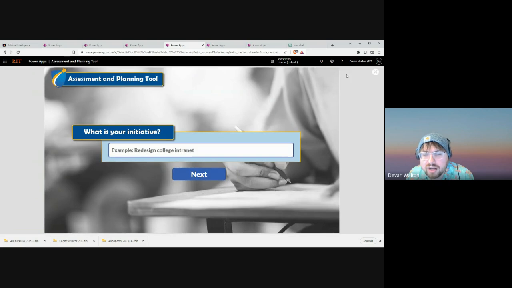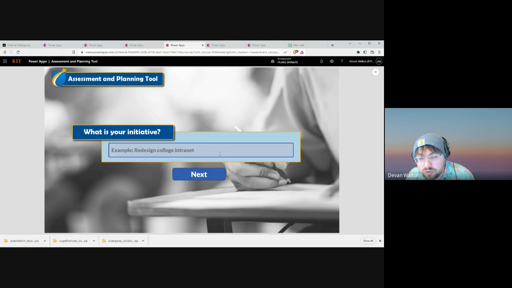Here's a tool that I thought could be helpful for administrators and staff. I know a lot of these tools so far have been focused on helping faculty and instructors with designing content. Here's an app for administration and members of staff that might be interested in planning an initiative or doing some of their early drafts for grant proposals.